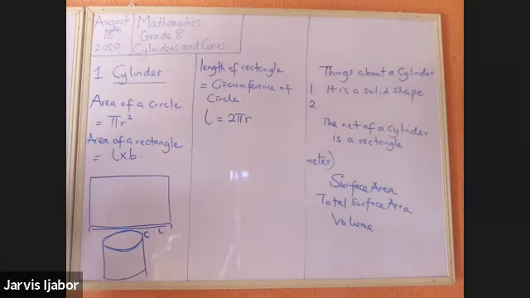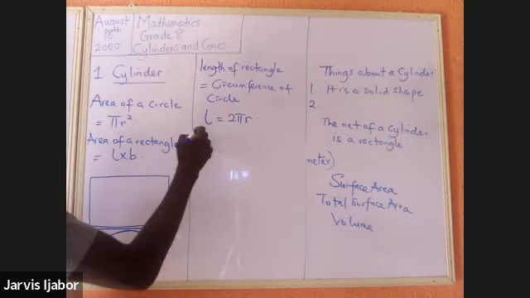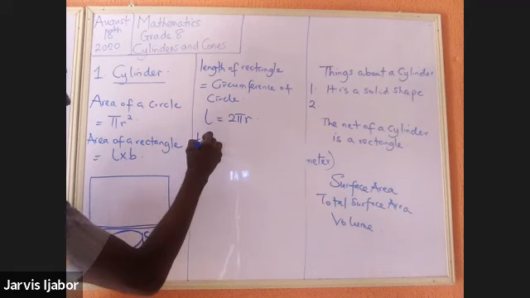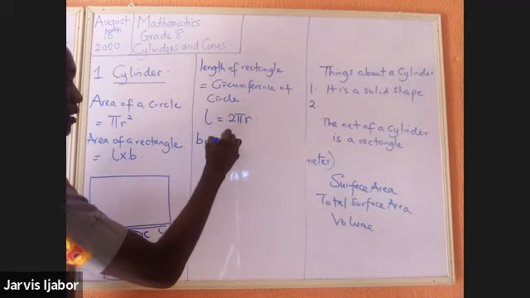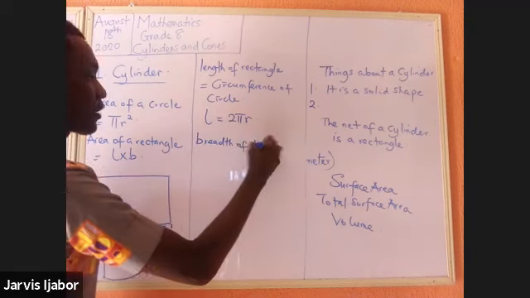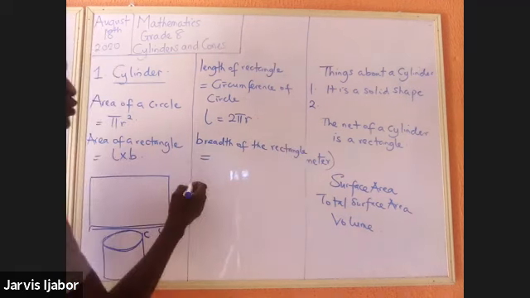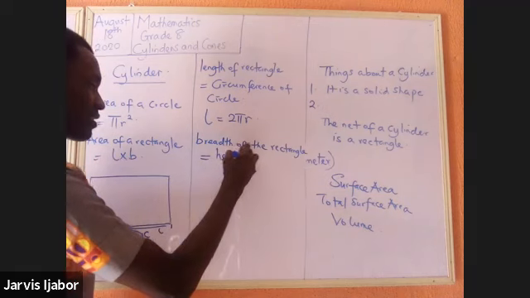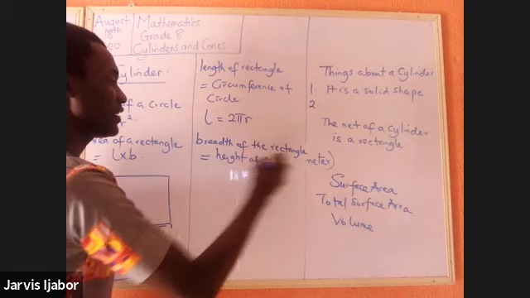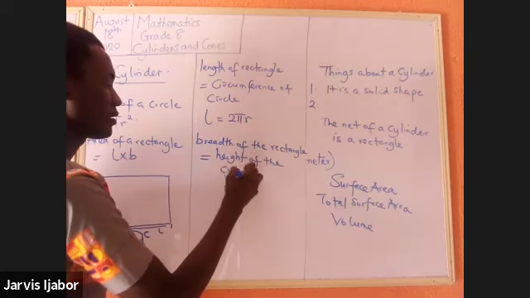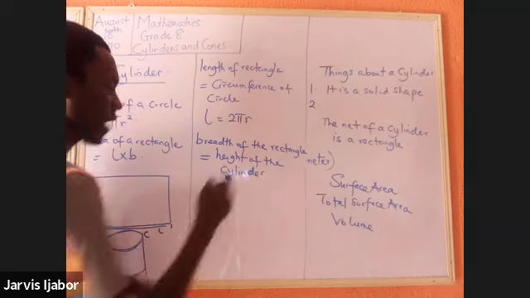Now, follow me closely. The breadth of the rectangle will be equal to the height of the cylinder. Somebody is asking, Uncle, how is that possible? Look at it now.